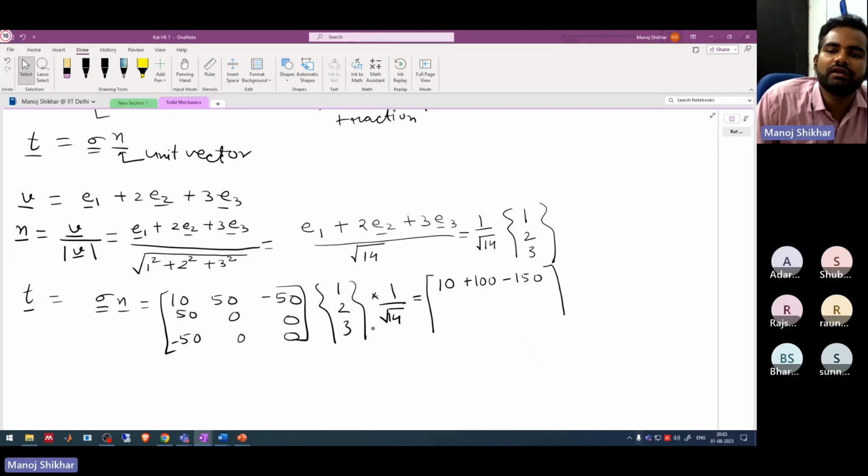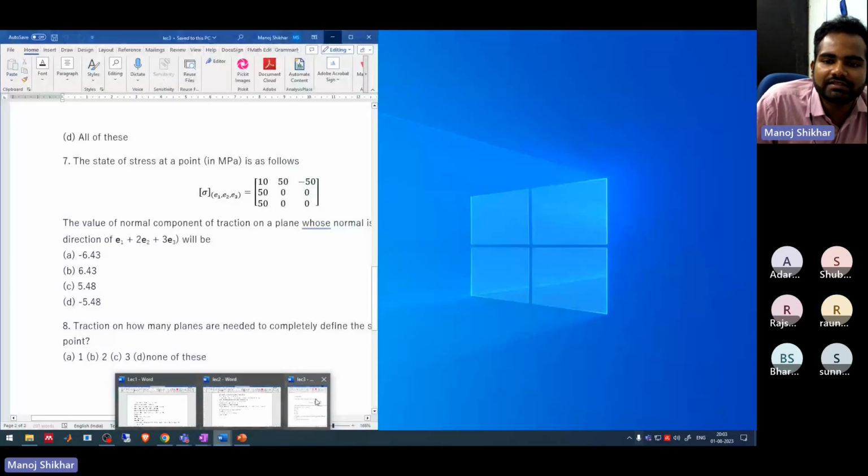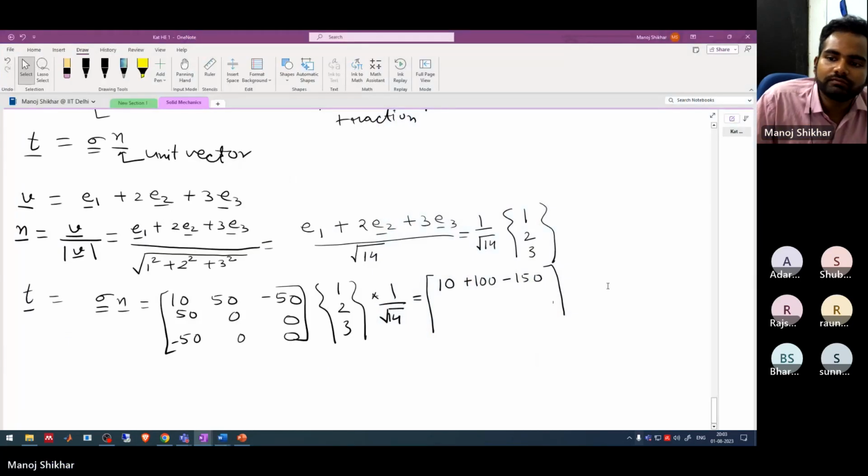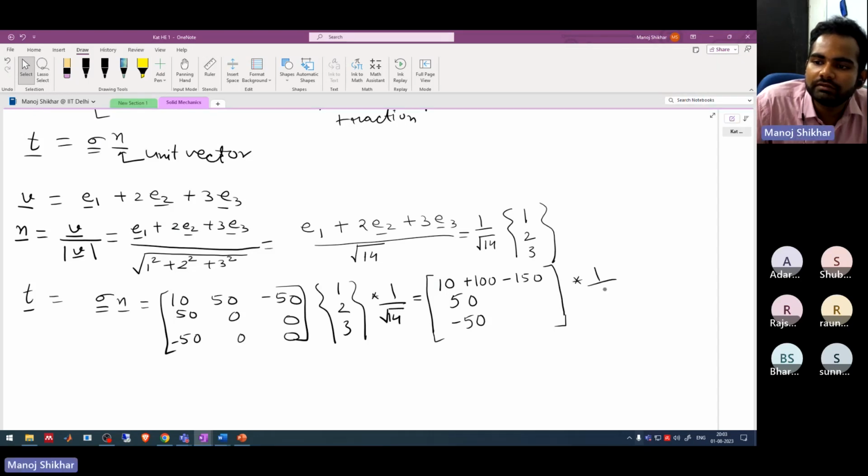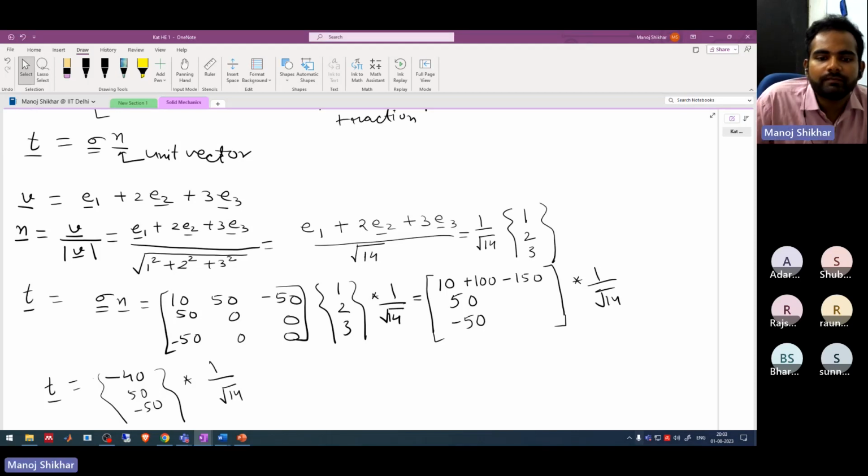This is the procedure you will have to follow. Because in question any other matrix can be given, so there is no issue. T is what? Minus 40, 50, minus 50, into 1 by root 14.